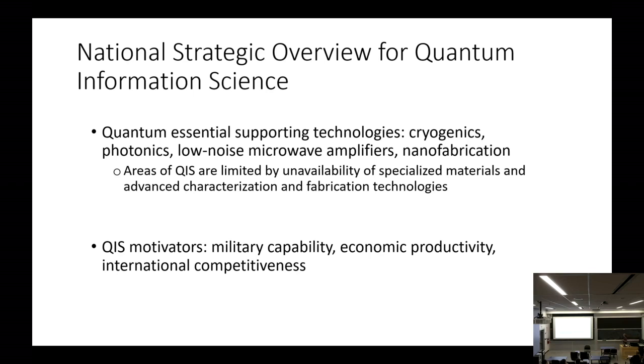The other thing that I thought was interesting about the report is that it takes a very nationalistic viewpoint on why we should be doing this. The things they list are first, military capability, second, economic productivity, and third, international competitiveness. And maybe international competitiveness is up there higher. How do you guys feel about that?